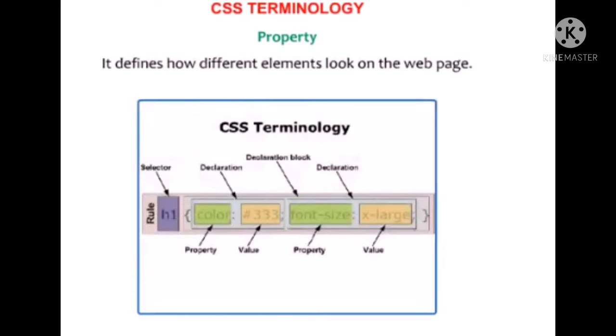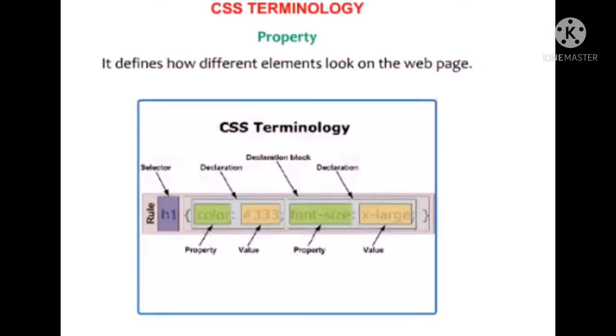Now let's see the CSS terminologies, which means some words which are used commonly while using CSS. So the first one is property. Property defines how different elements look on the web page, like font family, color, background, border, etc. So these all are the properties.